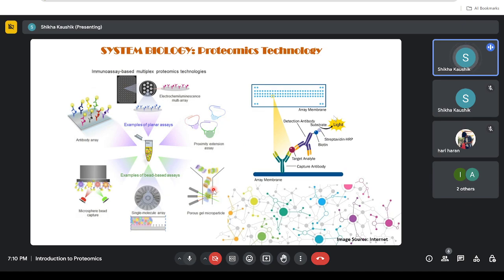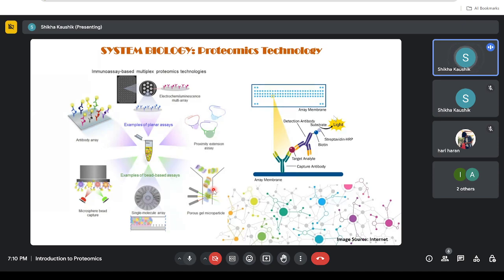So when we study systems biology, what are the proteomics technologies that we utilize? We utilize different antibody-based technologies. As I've already mentioned, it can be a cell biology study, a proteomic study, a transcriptomic study, or an immunology study, right?